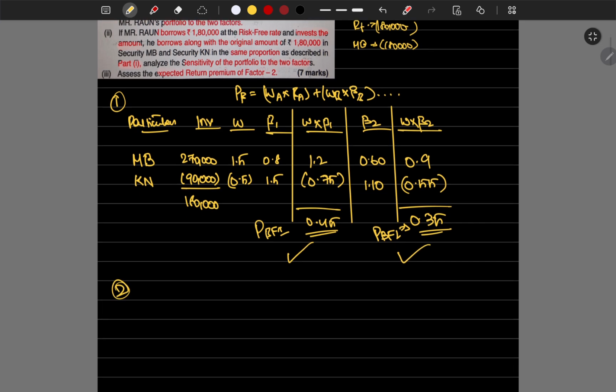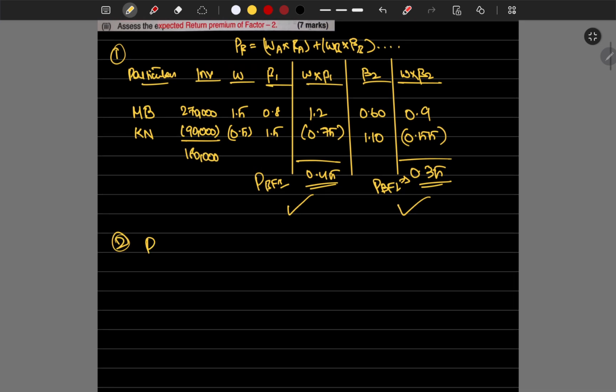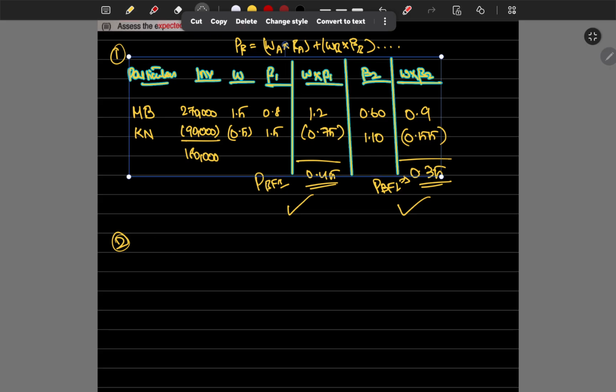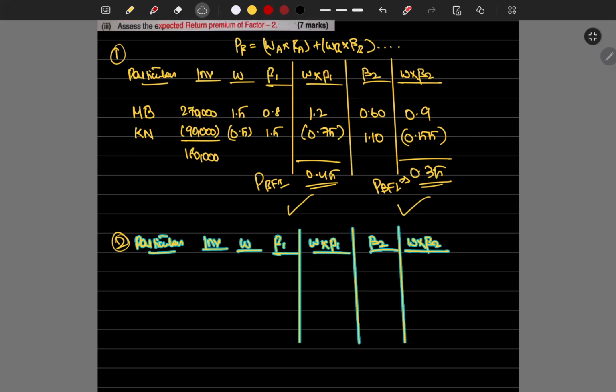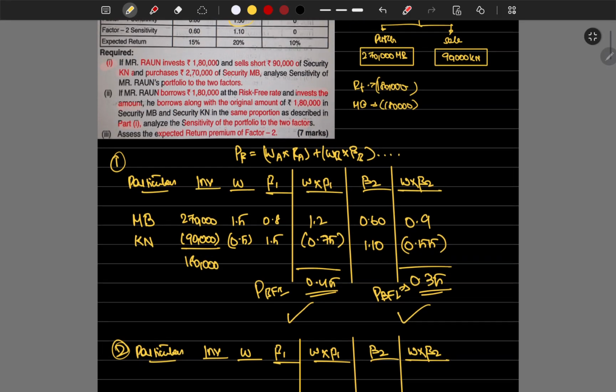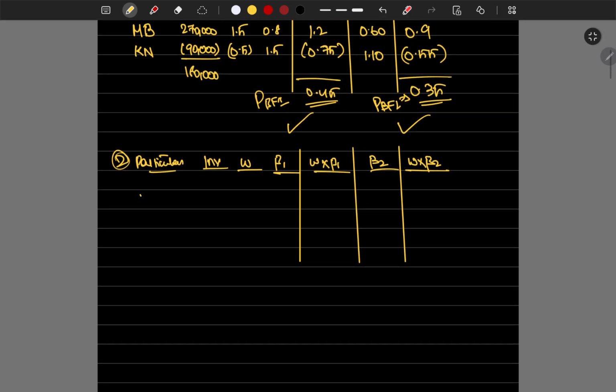Now we have to find out the same for the other proposition. What I have said is they are borrowing 1,80,000 to invest in risk-free securities, but the capital itself is 1,80,000 only.